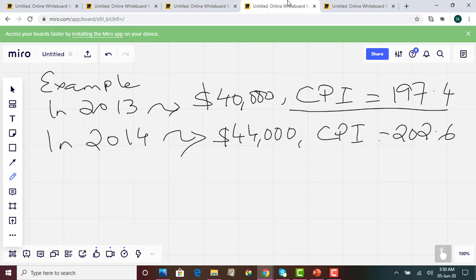Now in this example I do want to point out one thing. 2013 is not the base year, right? Because CPI is 197.4.